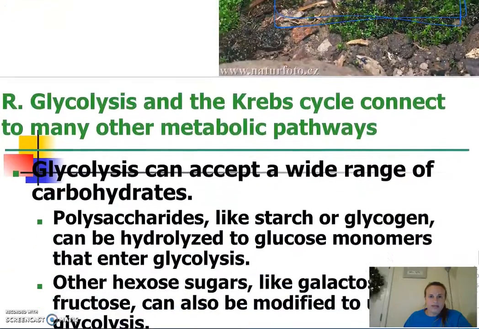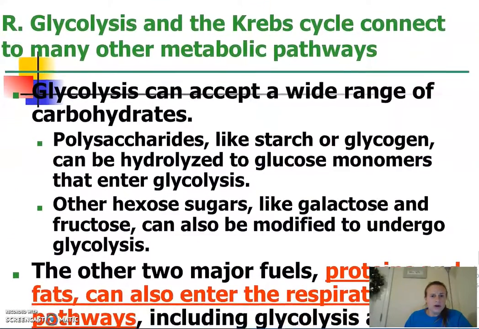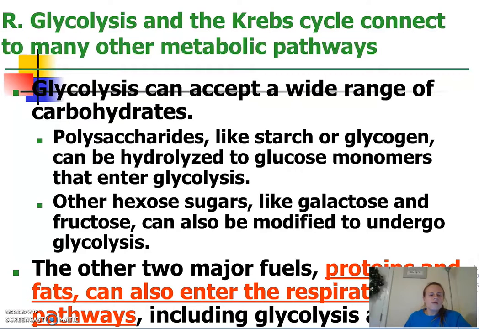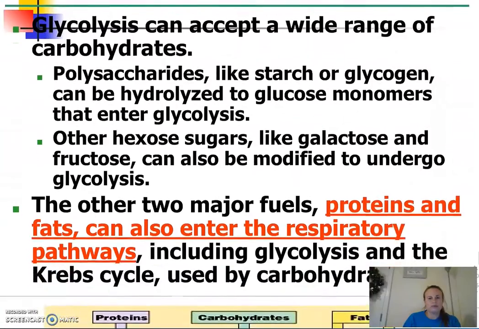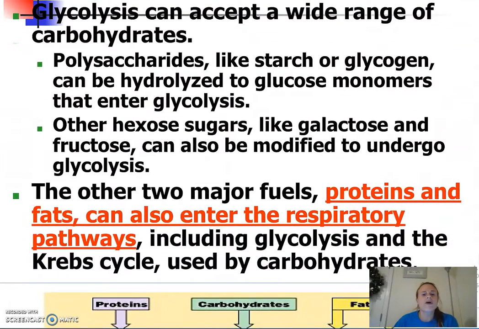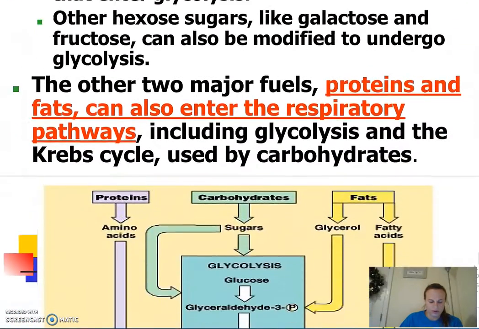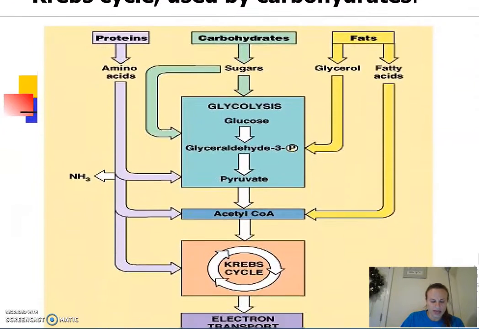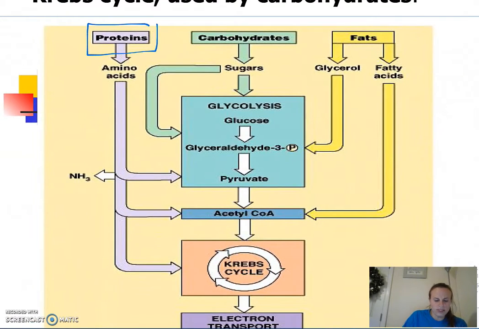So not only do carbohydrates, such as glucose, play a vital role in metabolic pathways, but two other major fuels, such as proteins and fats, can also enter the respiratory pathways. So if we take a look at proteins first, proteins will be broken down to amino acids.